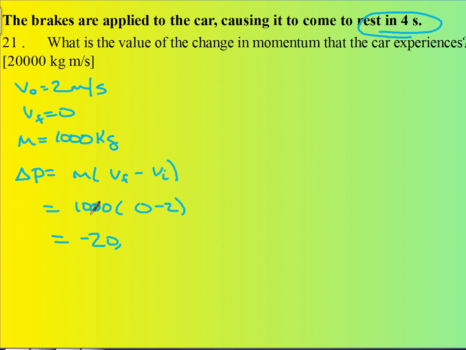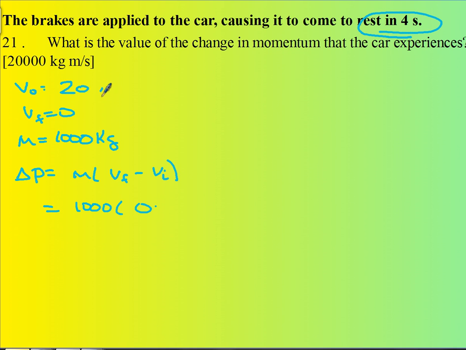Let's see, is that right? Well, negative 2,000 kilograms meters per second. Did I do that right? No, because the velocity of the car isn't 2. Excuse me. Accidents happen. The velocity of the car is 20 meters per second.